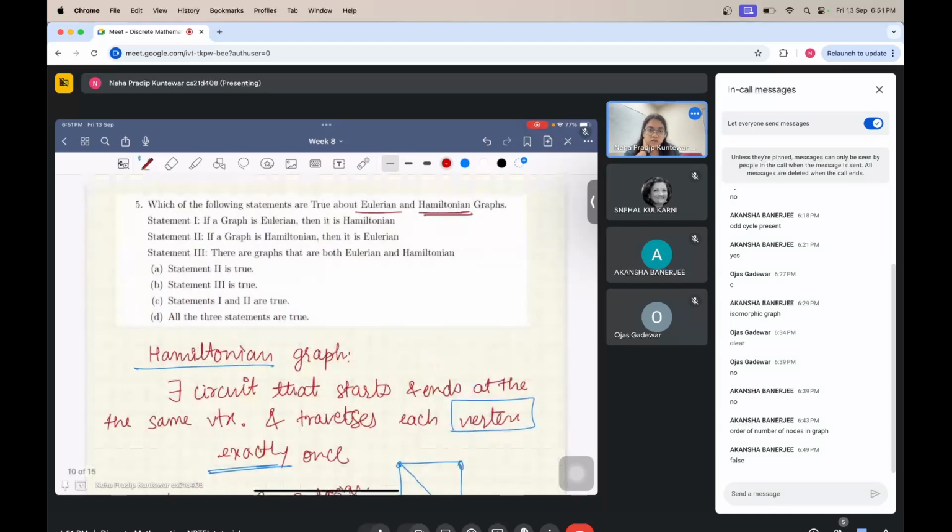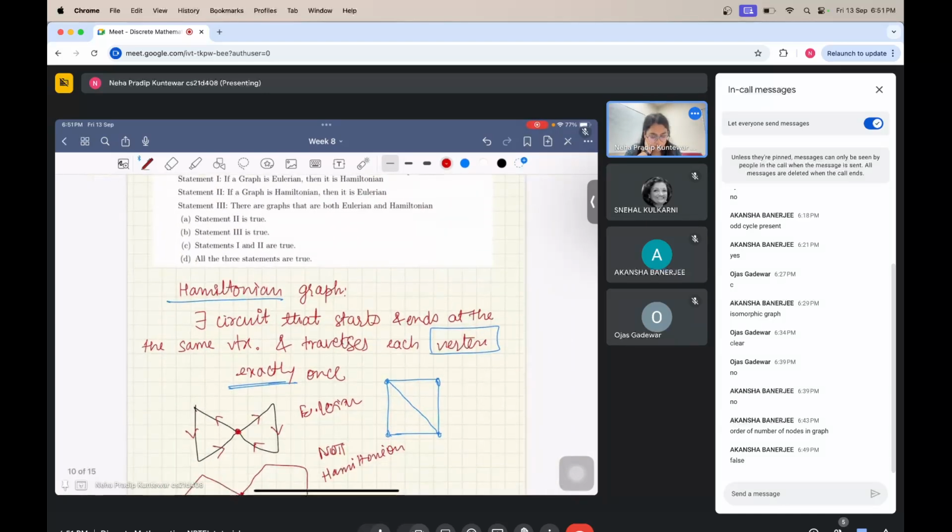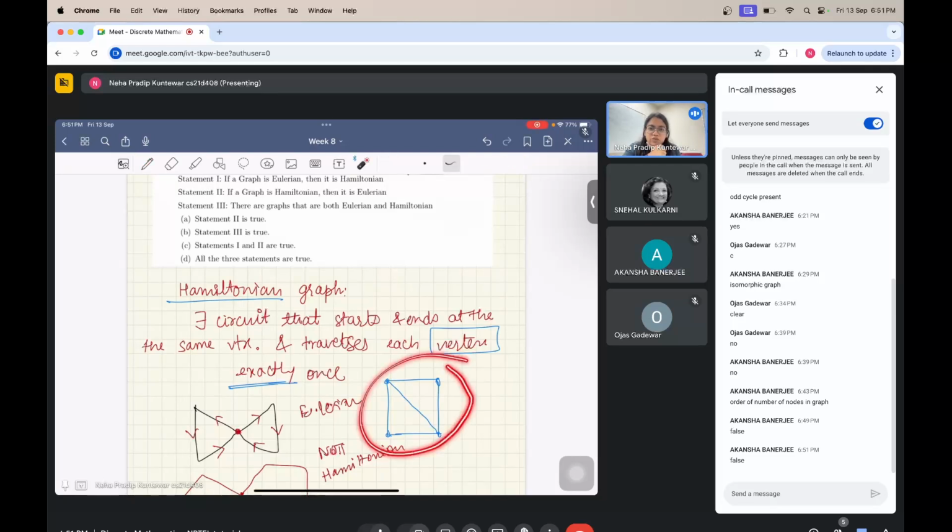What about 2? False. Right. So I think this example would also work. Maybe I'll draw it.